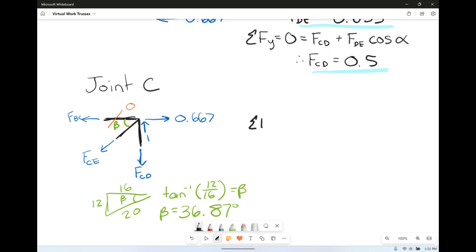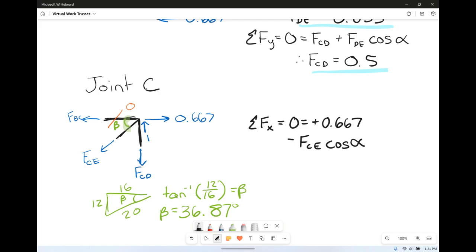Alrighty, finally, let's go back and solve for some member forces. So if we sum the forces in the, doesn't really matter which direction you want to go, but I'm going to pick the one with less forces. We're going to do the x direction and set it equal to 0. BC is already a zero force member, so forget about him. We have positive 0.667 going in the positive x direction, and we have negative force CE, and he is touching that horizontal there, so that's going to be cosine of alpha.